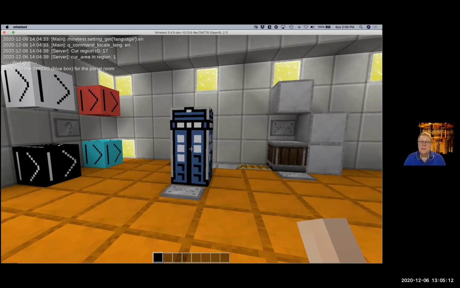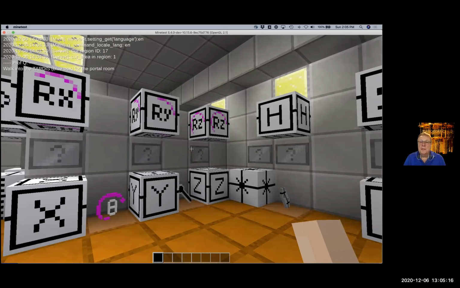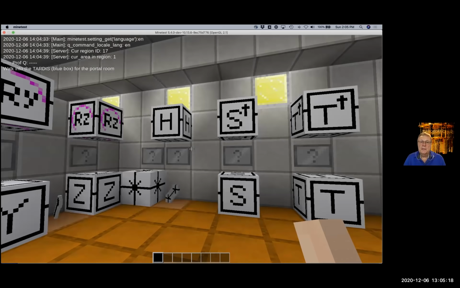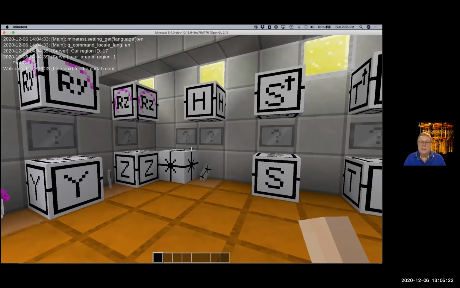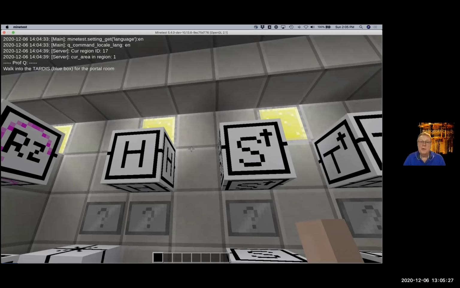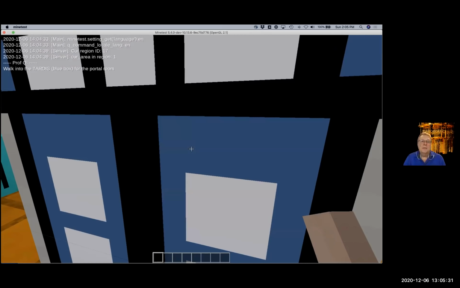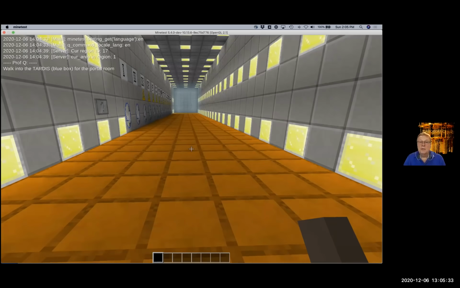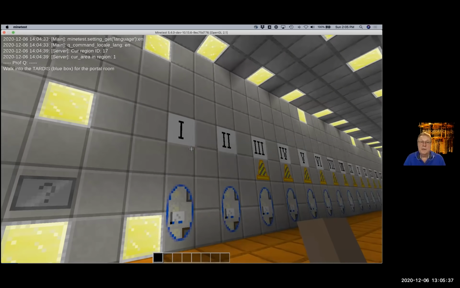I'm going to leave this room, where you can learn a lot about circuits and gates and things like that by right-clicking on these help signs. I'm going to go straight into this TARDIS that has this portal hub, and I'm going to jump into level 1 of the escape rooms here.